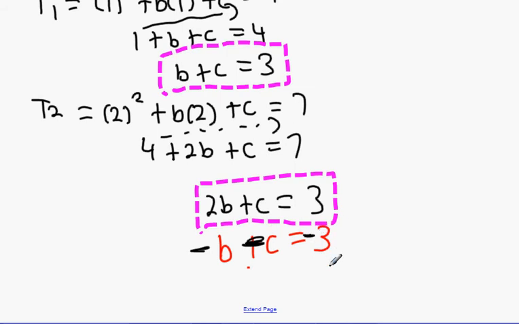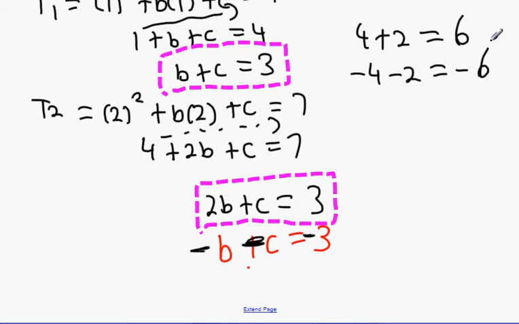The reason you're allowed to do that is if I told you that 4 plus 2 equals 6, and I changed the signs on both sides and said minus 4 minus 2 equals minus 6, you notice that the equation is still balanced once you do the same to both sides.